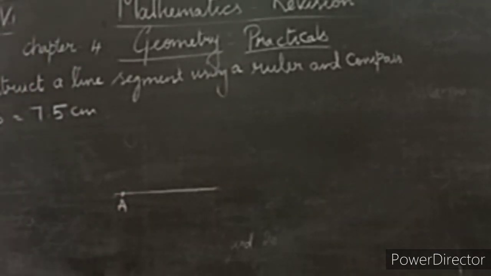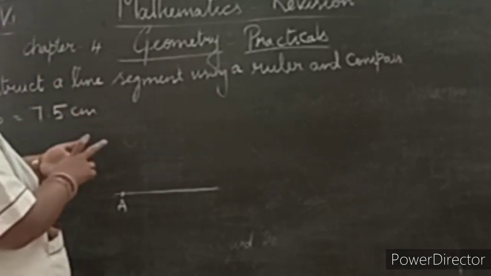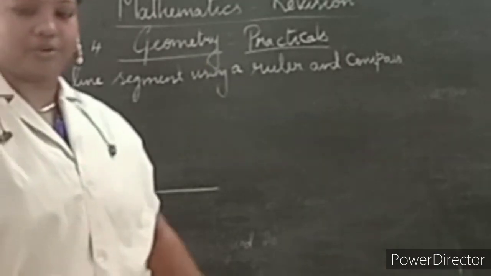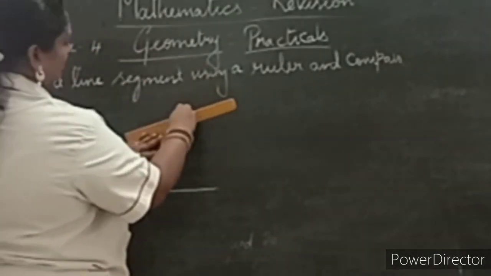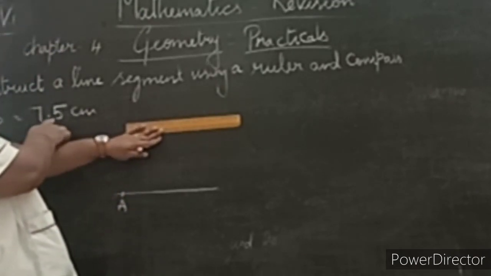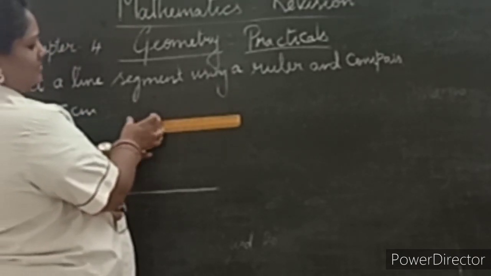Then you have to take the compass, I don't have a compass, I'm just doing it with my hands. Using your ruler and compass, you have to measure how many centimeters? 7.5 centimeters, from 0 to 7.5 centimeters.